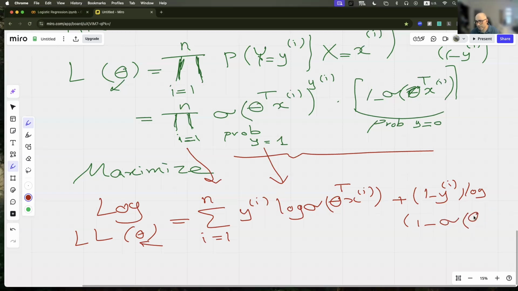Sorry, let me keep writing this, x i. It will look like this, and we want to maximize this. If the probability is correct for each sample, this would be maximized, which means each probability would be 1. So the goal is to maximize this.